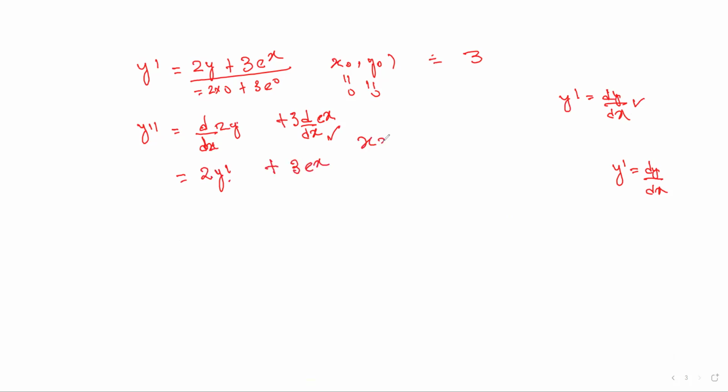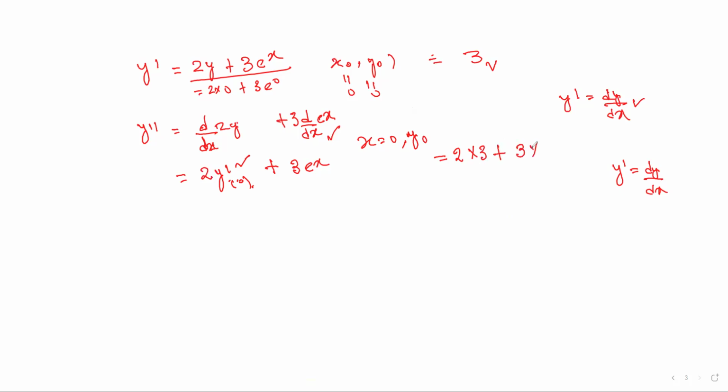Again, we put the value x equal to 0 and the y value equal to 0, and put these values into the equation. You have the y dash value, which we have already seen.